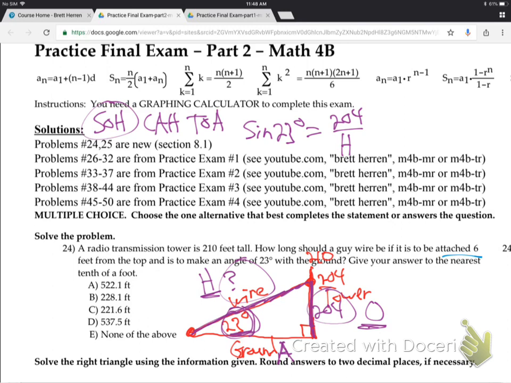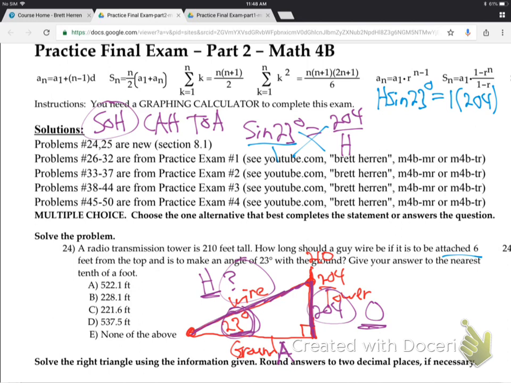All right, and so now we just solve that equation. How do I solve that equation for H? Put it over 1, diagonal, so we get H sine 23 equals 1 times 204, like that.